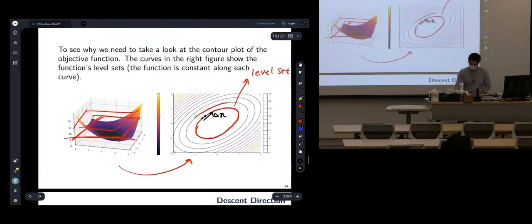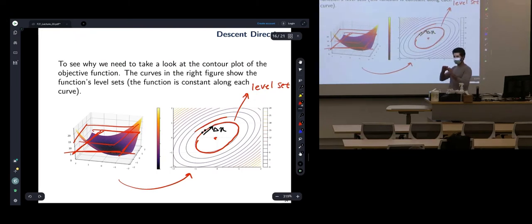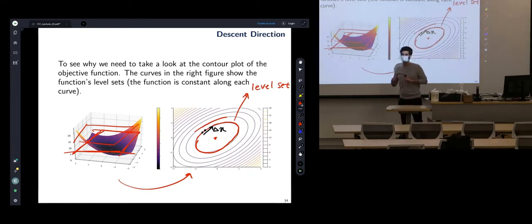Orthogonal movement is the fastest direction to increase your function, because you can see the minimum is the center, and as I move orthogonal to these curves, I can increase my function as fast as possible.